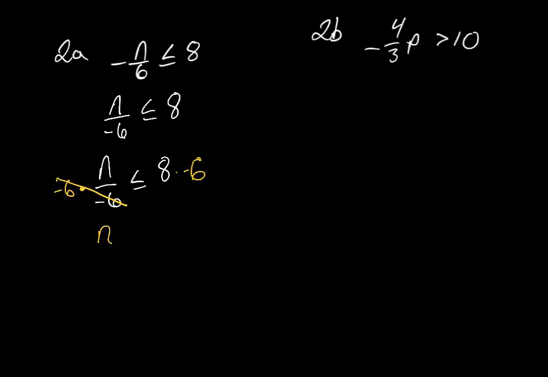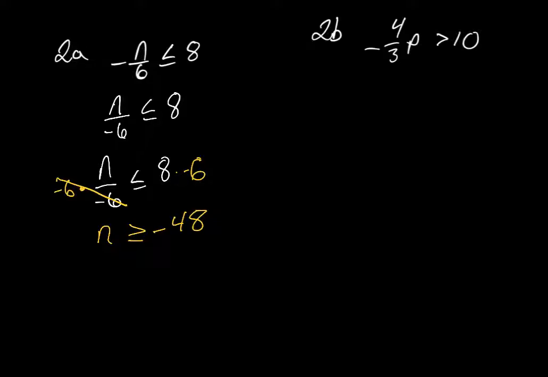When you multiply or divide by a negative, you must flip the inequality sign. Here I multiplied by a negative 6, so I must flip the inequality sign. 8 times negative 6 is negative 48. So n has to be greater than or equal to negative 48.